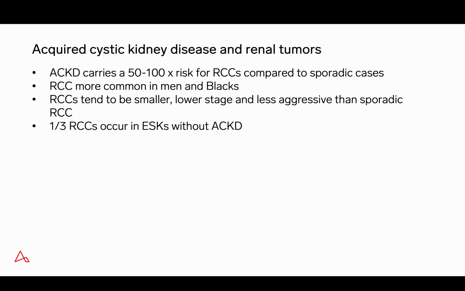Fortunately, the renal cell carcinomas tend to be smaller and lower stage and less aggressive than their sporadic counterpart. Of importance, though, is to realize that 1/3 of the renal cell carcinomas that occur in end-stage kidney disease occur in the absence of acquired cystic kidney disease.